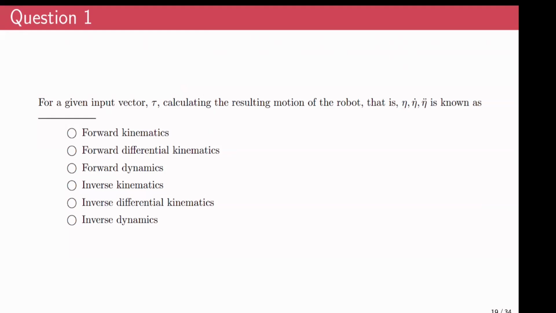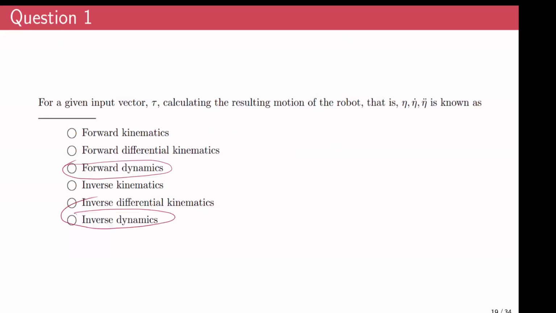We know that if it has something to do with forces and torques, the answer should be related to dynamics. It could be either forward dynamics or inverse dynamics, right?